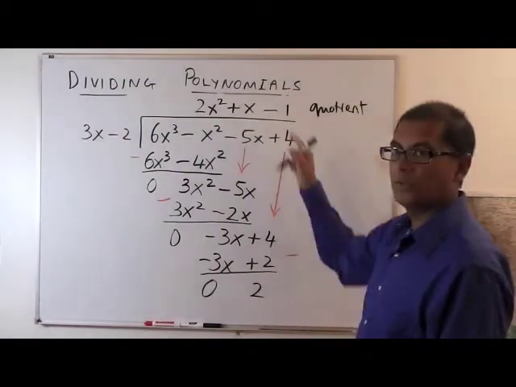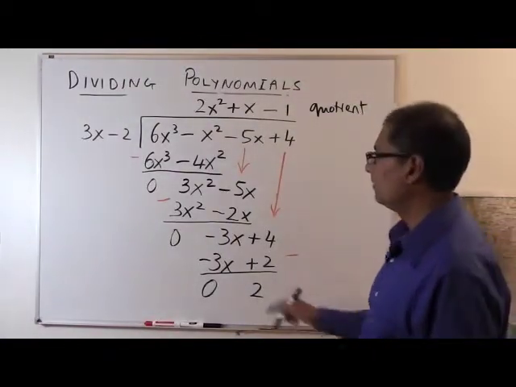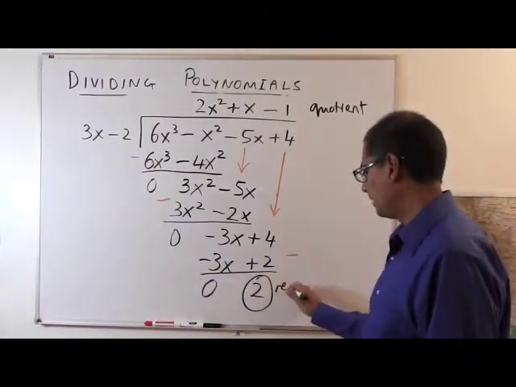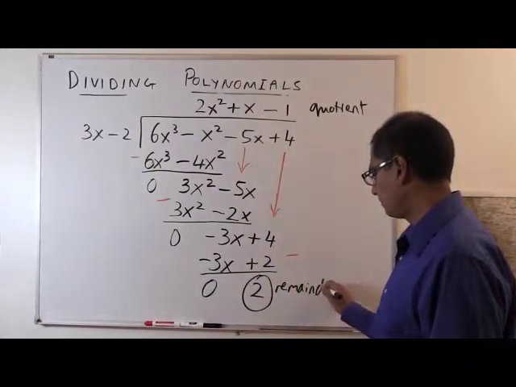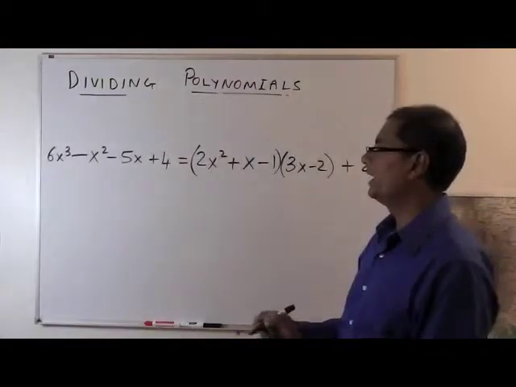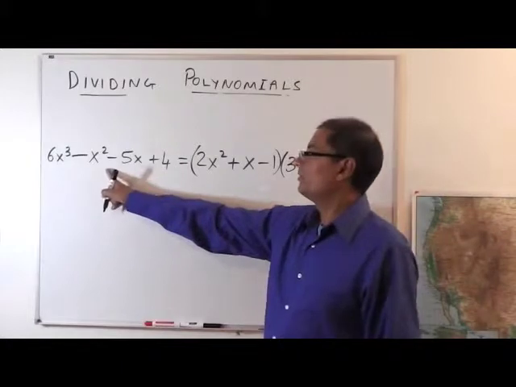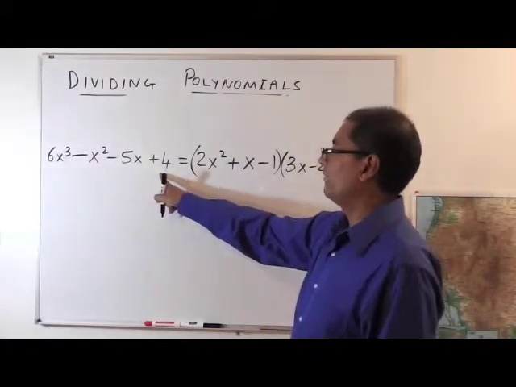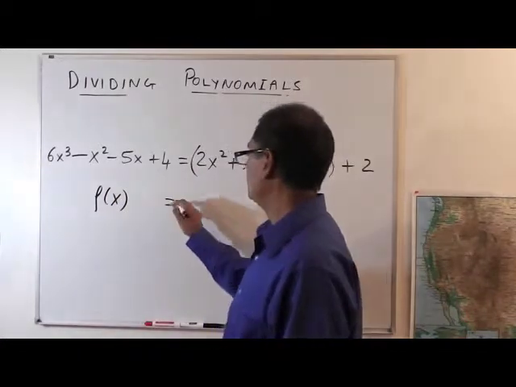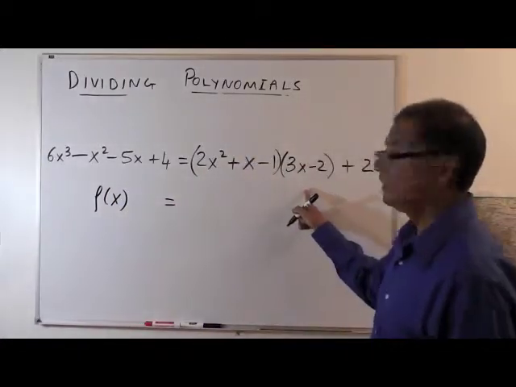And so this is my quotient. 2x squared plus x minus 1 is the quotient. My divisor was 3x minus 2. And 2 is my remainder. So let's put that all together. And so we have 6x cubed minus x squared minus 5x plus 4, this is my function, is equal to, well, we divided by 3x minus 2.